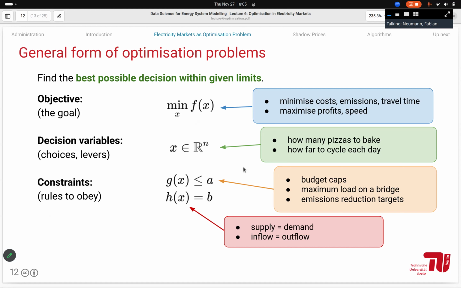For example, how many pizzas you want to make or how far you want to cycle every day, subject to some constraints. The rules that you want to obey, for example, how many times a week you must cycle to the office. It could be budget caps, maximum load on a bridge, or emission reduction targets. And equality constraints are typically something like supply equals demand or inflow equals outflow.